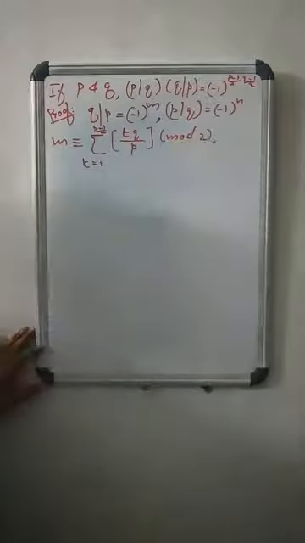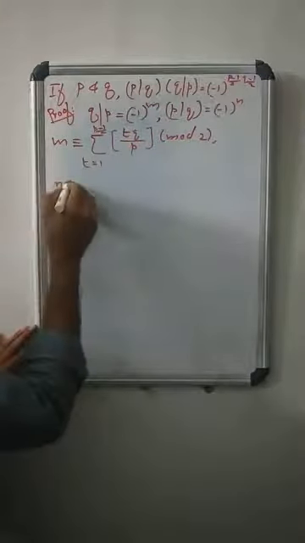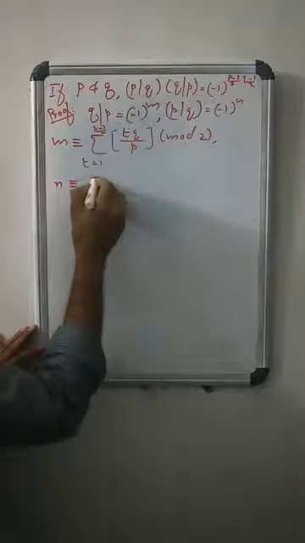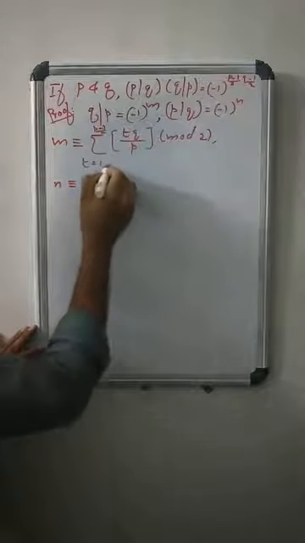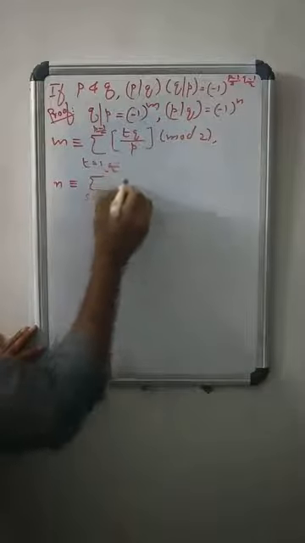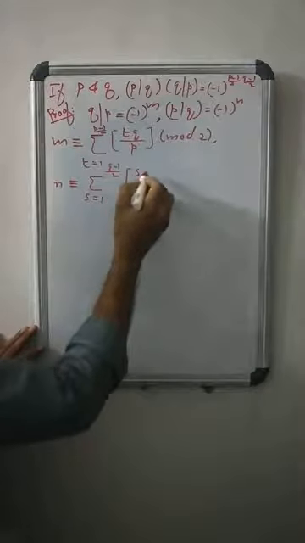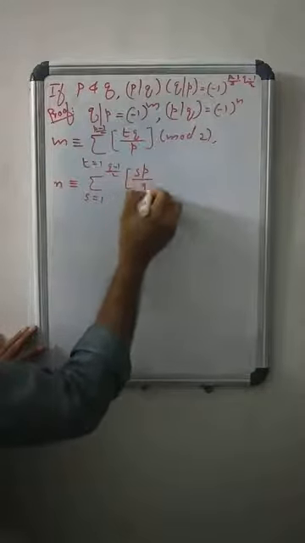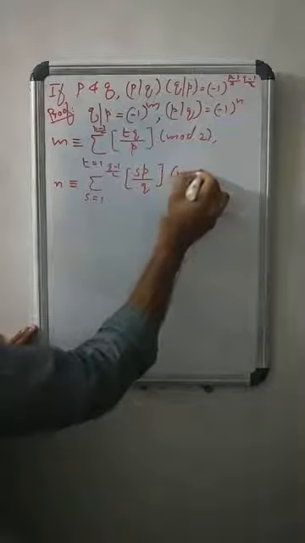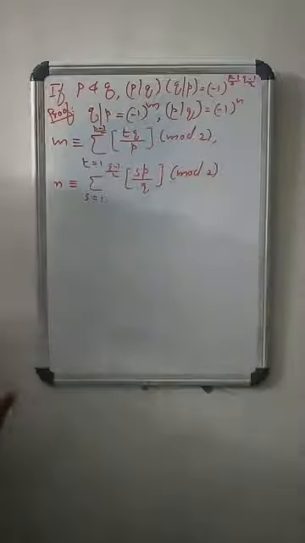Agree? So what is n? Similarly, n is congruent to the sum over s from 1 to (q minus 1)/2 of the integer part of sp/q, mod 2. This is obtained from Gauss lemma.